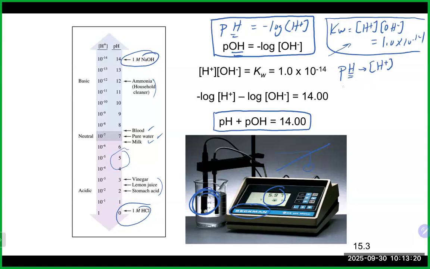The H plus concentration in that case will equal the inverse log of the negative pH. On most people's calculators, when you do the inverse log, the one that pops up is a 10 and a caret. And you want to make sure it's negative pH there. That's usually what it'll look like on your calculator.